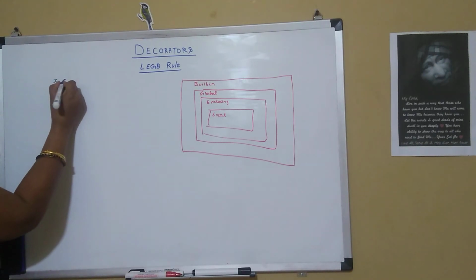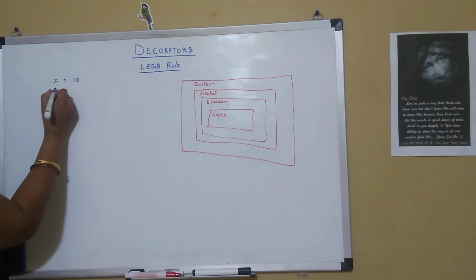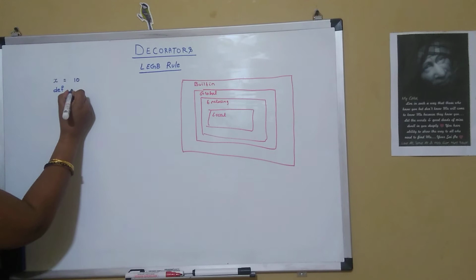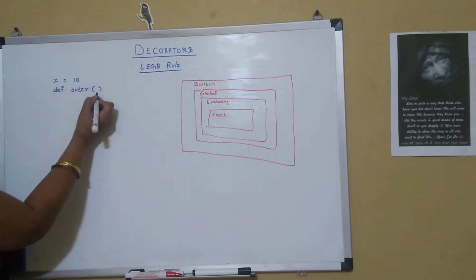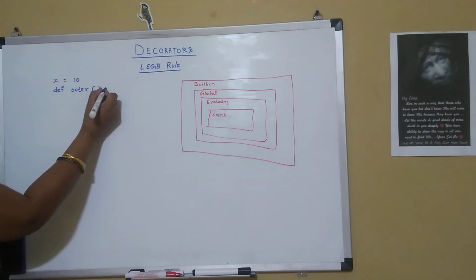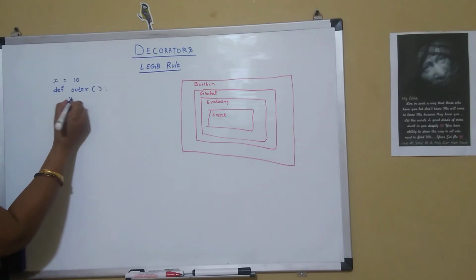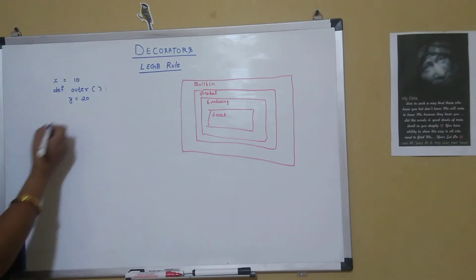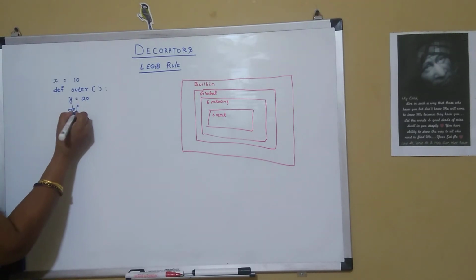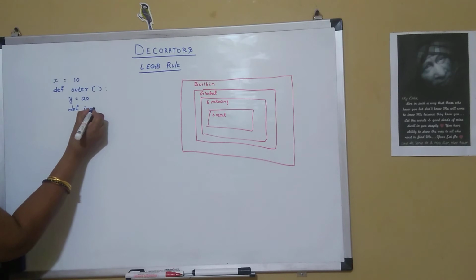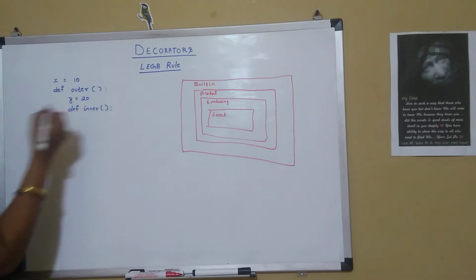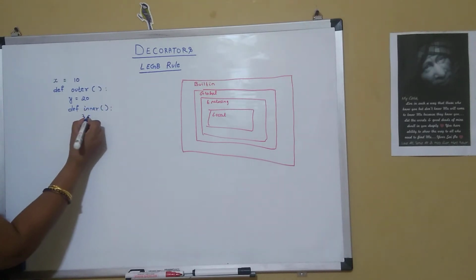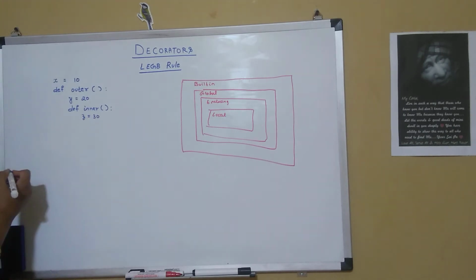Suppose I have my x equal to 10. Then I have my definition def outer. This is my outer function. And now let me declare another variable, y equal to 20. And now let me define my inner function. Inside the inner function, let me say z equal to 30.